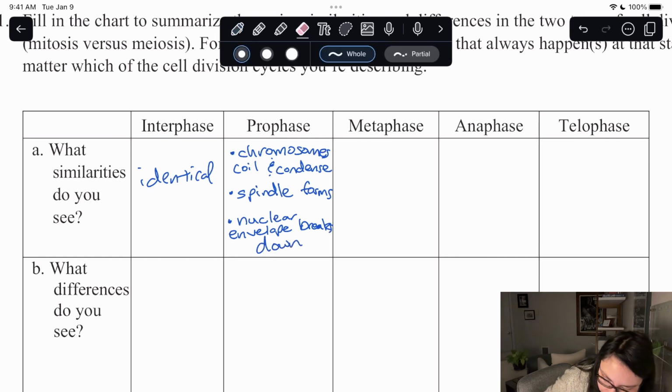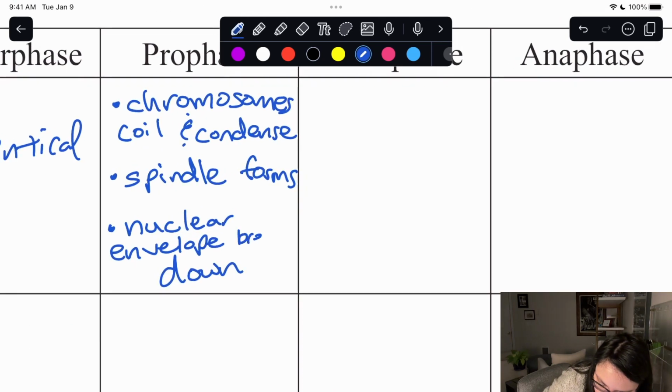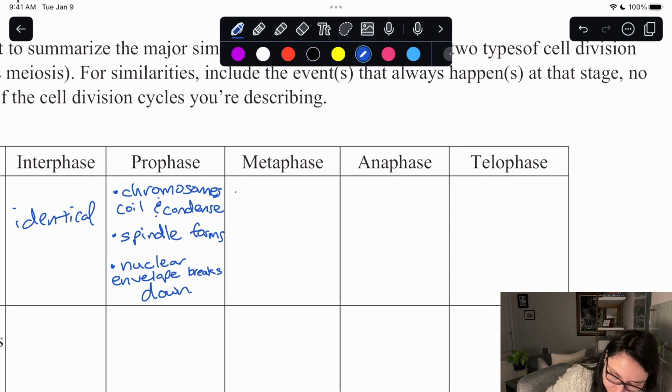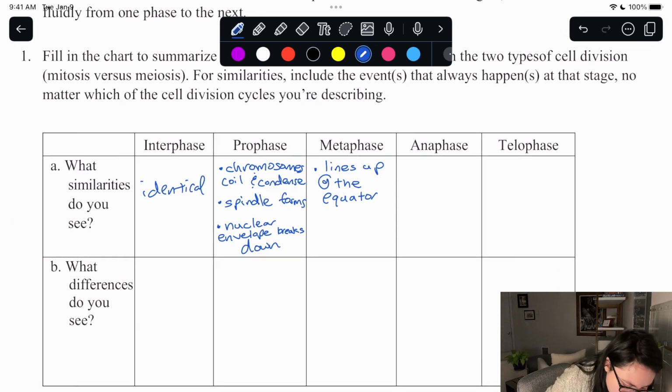In metaphase, something always lines up at the equator.